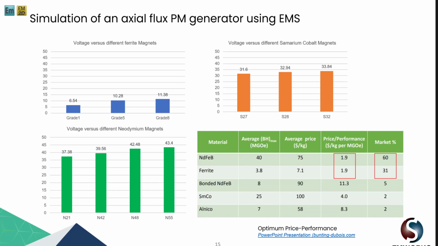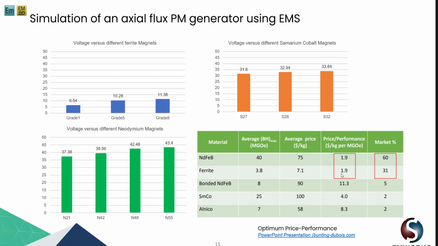Axial flux machine has the possibility to operate using multiple stages of rotor and stator cores. So you see here, price to performance, the ferrite and neodymium magnets actually are not very far off.